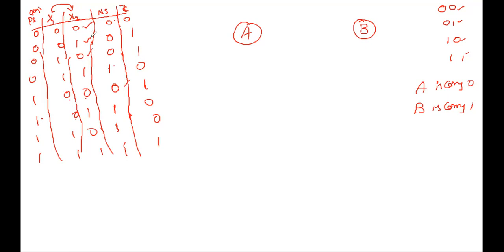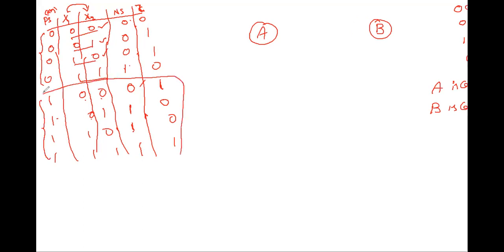Now inputs. Check for inputs. How many possible inputs? 0 0, 0 1, 1 0, 1 1. And present state is 0, this is present state is 1. This part belongs to B state, right?